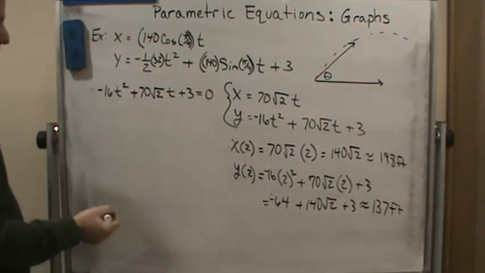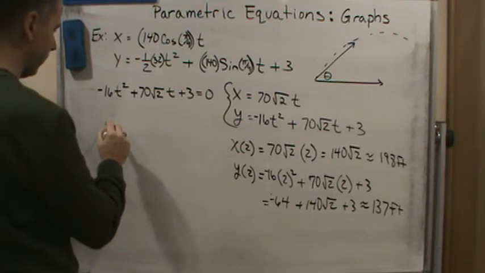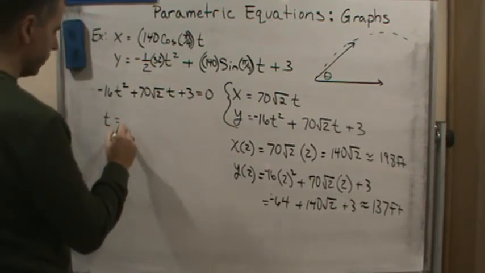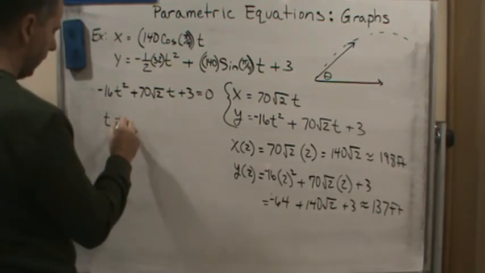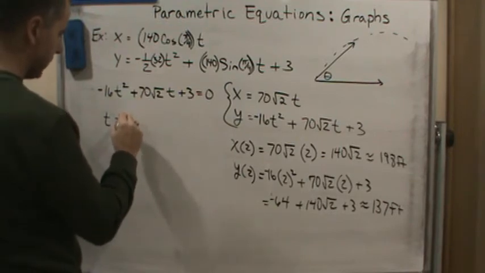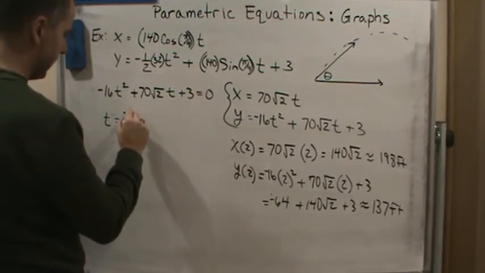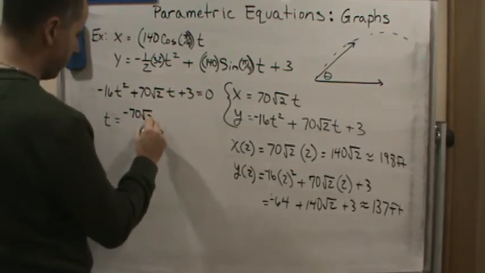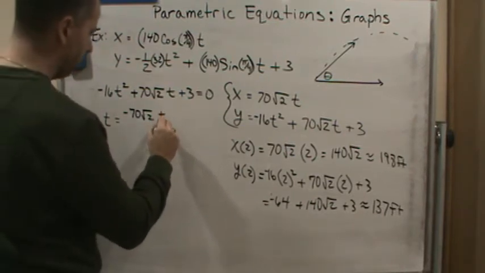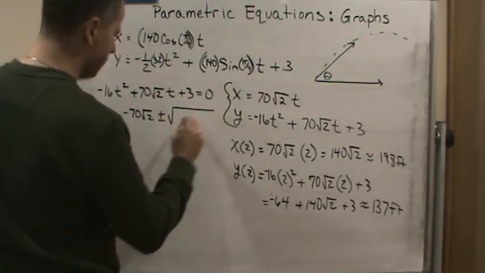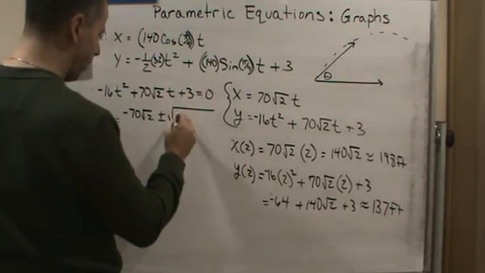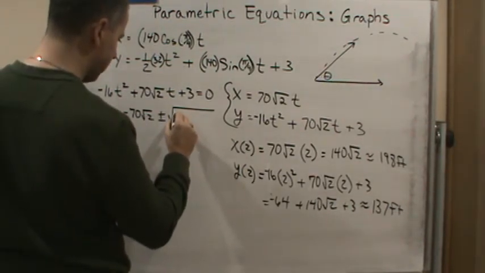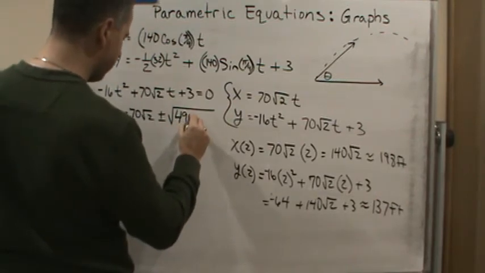And so in this case here, we would use the quadratic formula. So we would use t is equal to negative b, which is going to be negative 70 times the square root of 2 plus or minus the square root of b squared, which is going to be what? It's going to be 4,900.